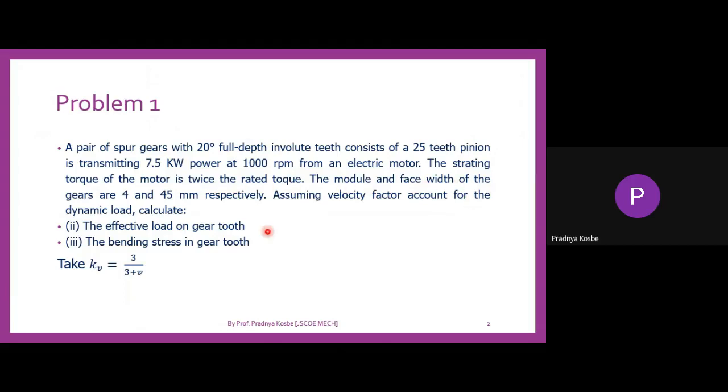The module and face width of the gears are 4 and 45 mm respectively. Assuming velocity factor to account for the dynamic load, calculate first the effective load on gear tooth and bending stress in a gear tooth. Take Kv is equal to 3 divided by 3 plus V.